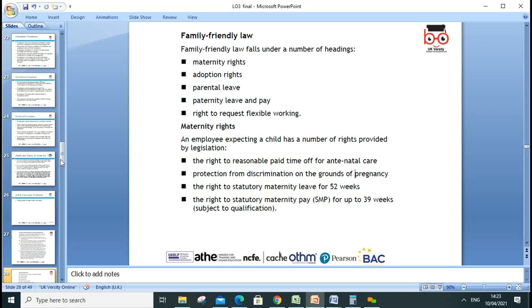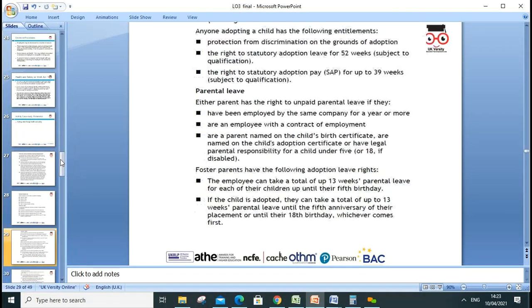Family-friendly laws. Of course, we have to provide maternity and paternity leave. Right after maternity, 52 weeks, 39 weeks statutory pay, subject to conditions. So we need to note that these rules carry on changing.